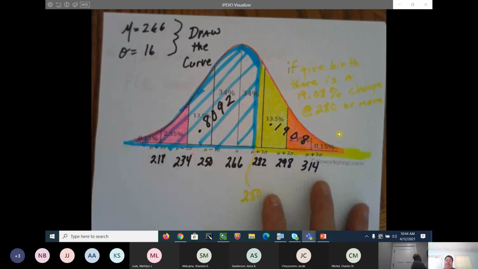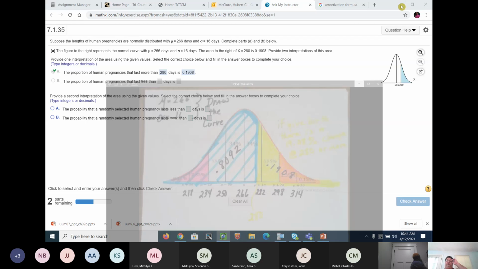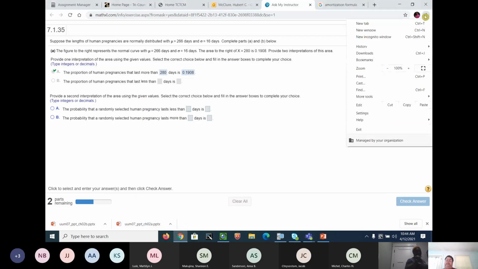Now, is there a little bit of redundancy on this homework question? Yes, there's a little bit. I want you to read the question. It says, write the yellow in two different ways.